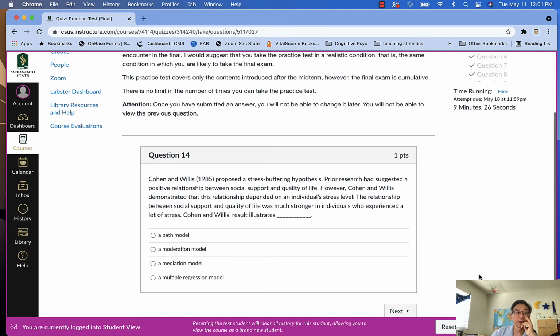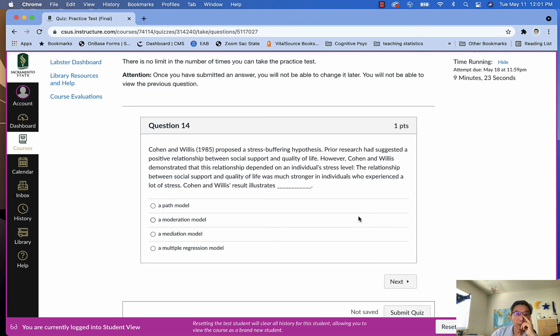Okay, question 14, about something else. Cohen and Willis proposed a stress buffering hypothesis. They suggested a positive relationship between social support and quality of life, and this relationship depends on individuals' stress level.